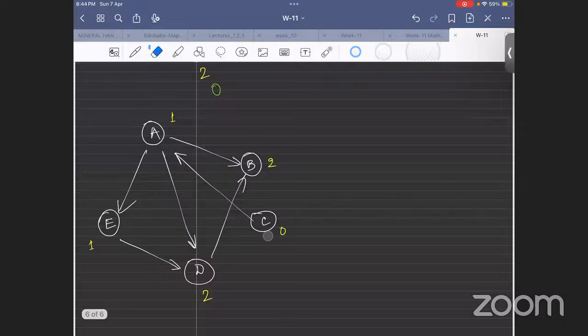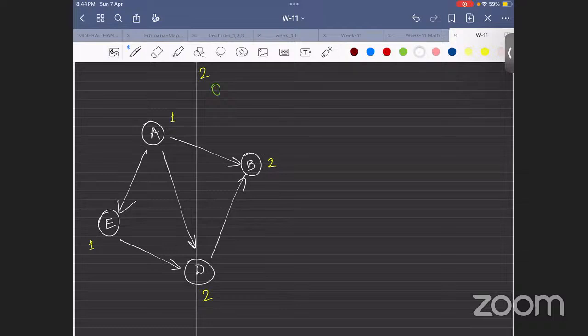Let's remove this. We have to update the value of the in degree after removing that. What is the in degree? This will get impacted only, right? So this will be 0. Yes, correct. So this will be 0 only.